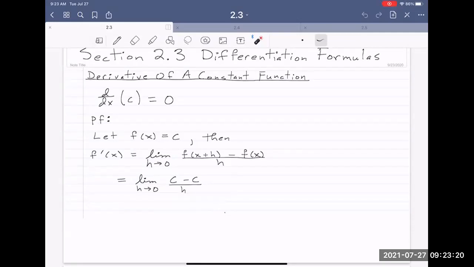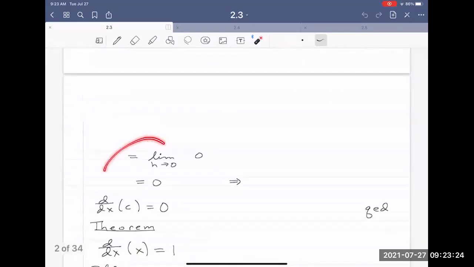Well, c cancels. And so I get the limit as h approaches 0 of 0 over h. Well, 0 divided by h is 0. And so I have here the limit as h approaches 0 of 0.